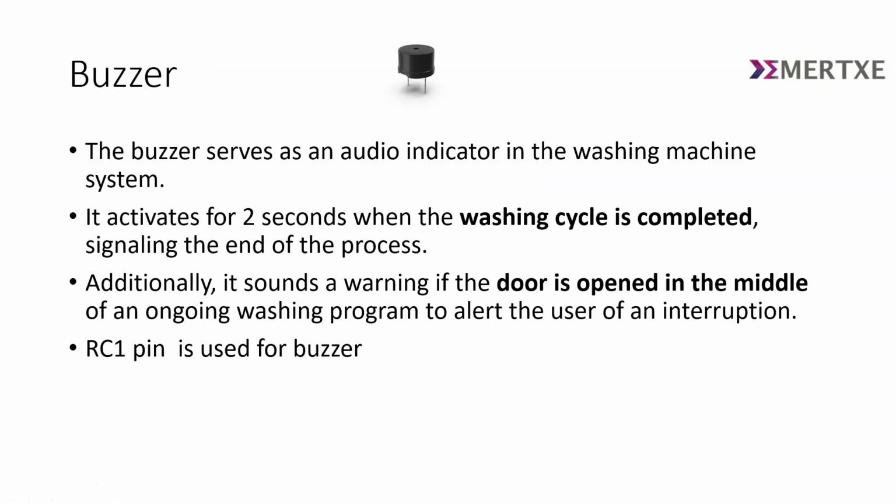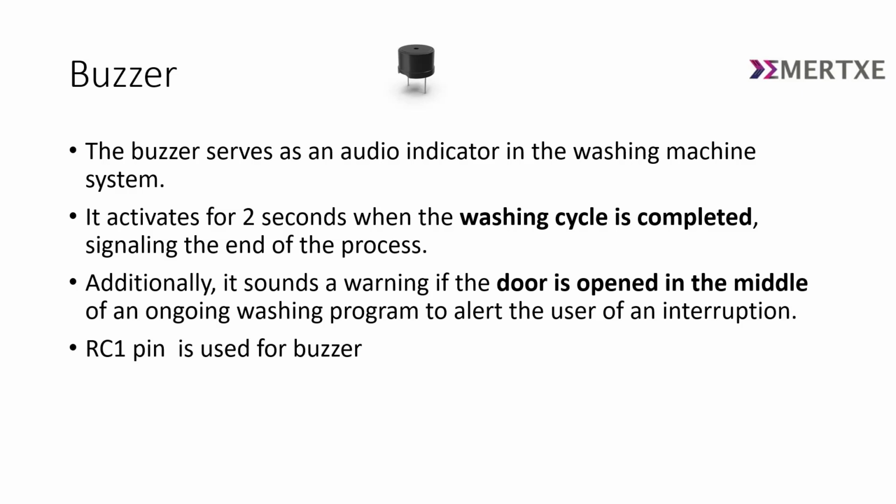Next we can see the buzzer. A buzzer serves as an audio indicator in the washing machine system. It activates for 2 seconds when the washing machine cycle is completed, signaling the end of the process. Additionally, it sounds a warning if the door is opened in the middle of an ongoing washing program, to alert the user of an interruption.